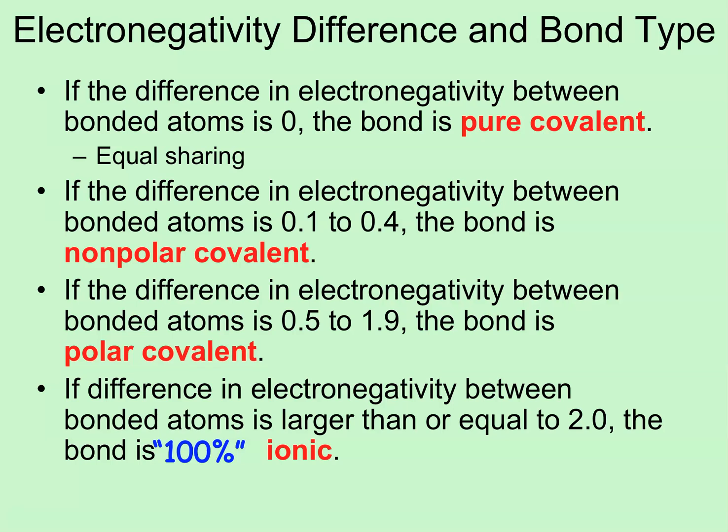They are close to one another on the periodic table, and as you get further and further apart, you become polar until eventually you're a metal and a non-metal, very, very far apart. You are then ionic. There is no more sharing. All you have is a transfer of electrons.